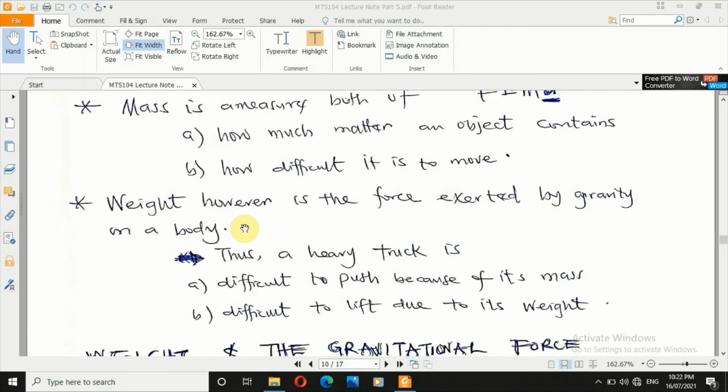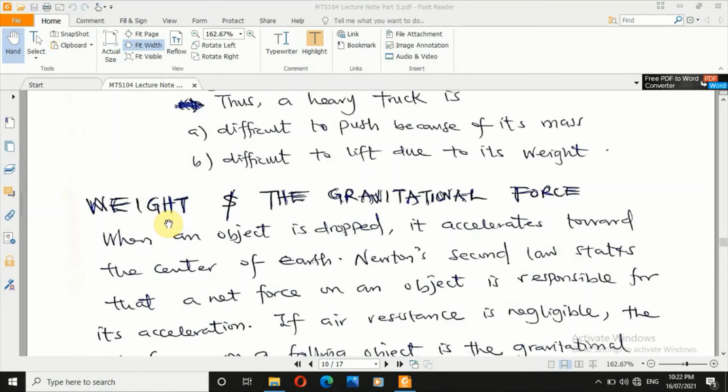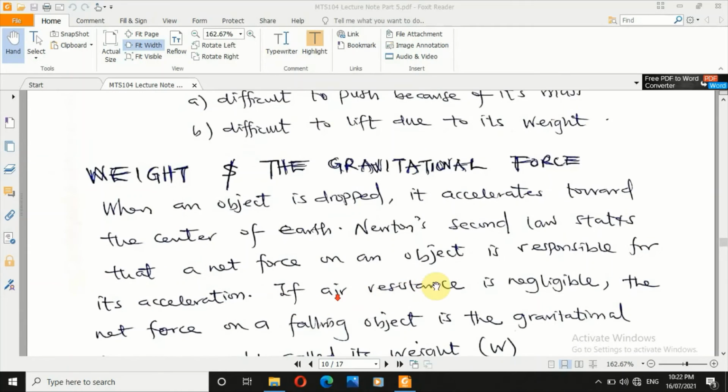So let's go to weight. Weight, however, is the force exerted by gravity on a body. Thus, a heavy truck is difficult to push because of its mass, and it's difficult to lift due to its weight. So that leads us to what we call weight and the gravitational force. When an object is dropped, it accelerates towards the center of Earth. Newton's second law states that a net force on an object is responsible for its acceleration.